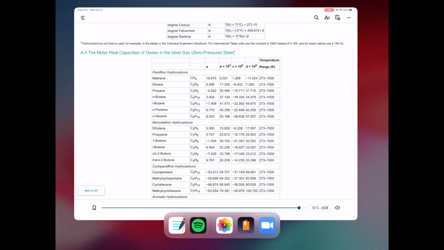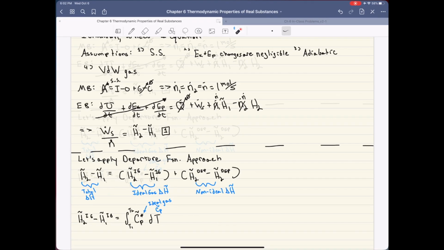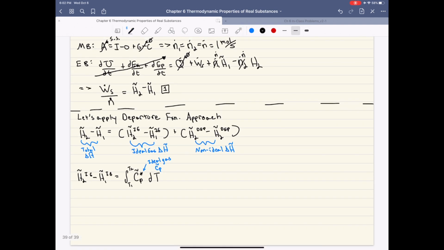Or in fact, before I even show you this, the heat capacity function typically is modeled as a polynomial where you have your coefficients A, B, C, and D, typically a polynomial of order 3 with respect to temperature.